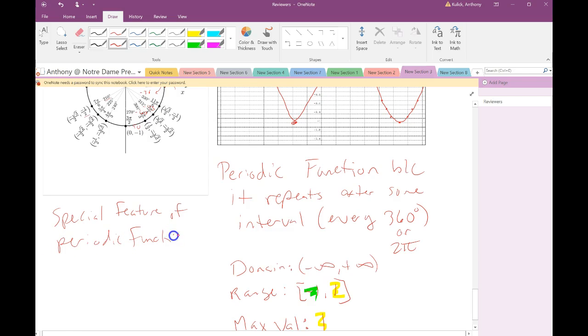So a special feature of periodic functions is we want to talk about the period for these functions. And the definition for period is the shortest non-repeating segment of the graph.